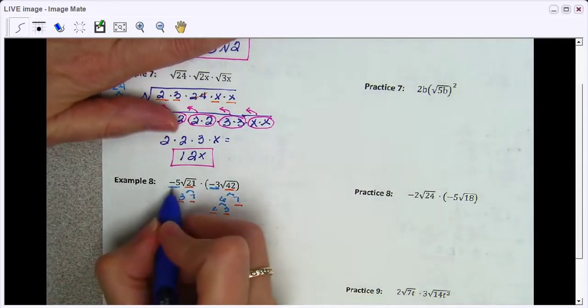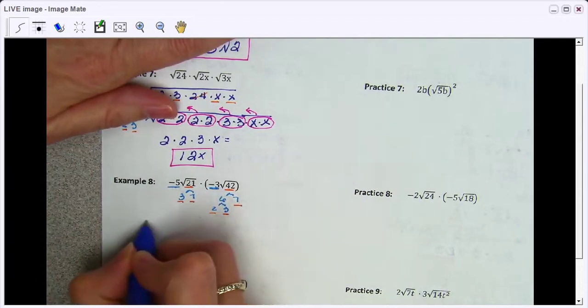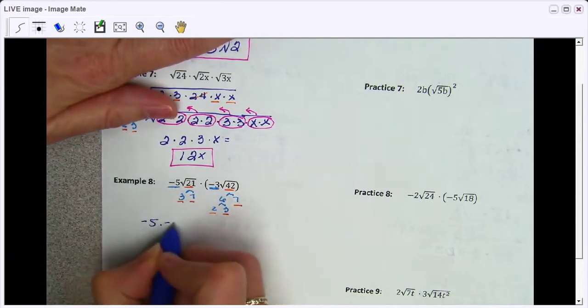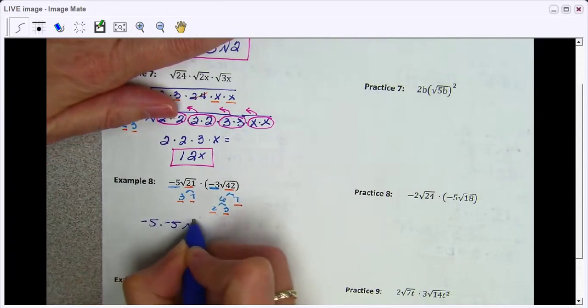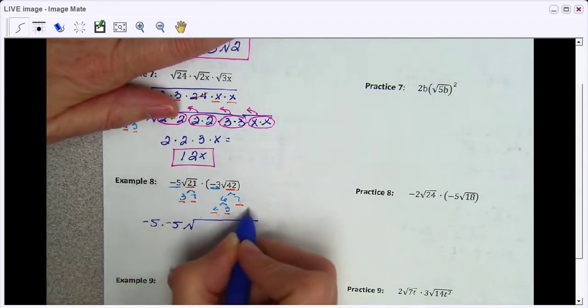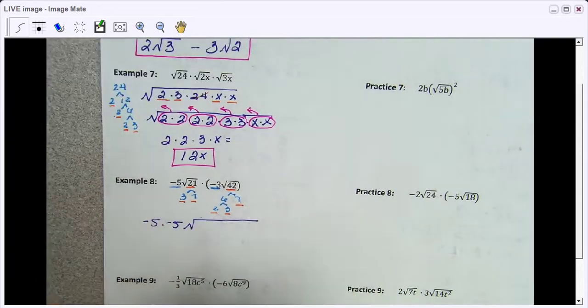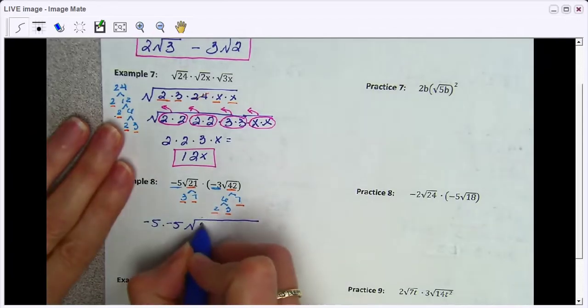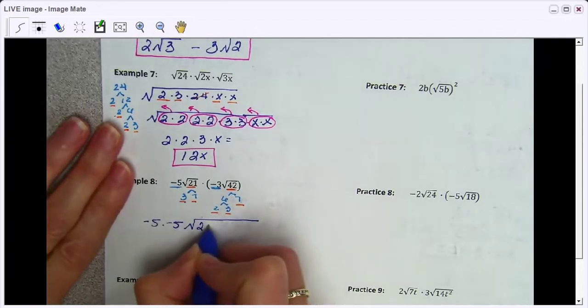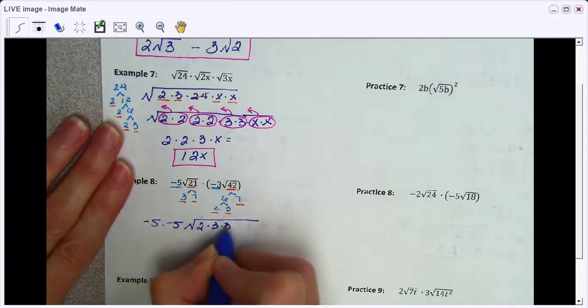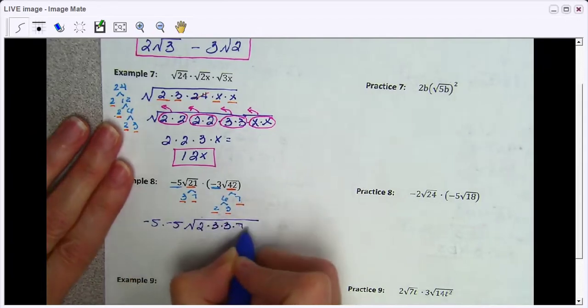So I multiply my two coefficients together, -5 times -3, and then I put all of my prime numbers that I factored out underneath the radical, and I tend to put them in order. So I have 1 2, I have 2 3s, and I have 2 7s.